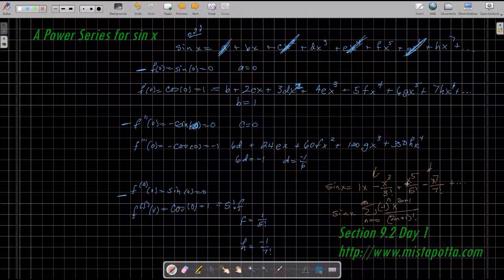For my even n's, the terms are positive, and for my odd n's, the terms are negative. And so this is the power series for sine.